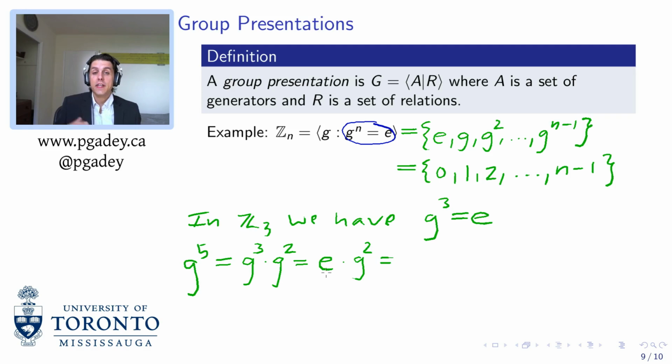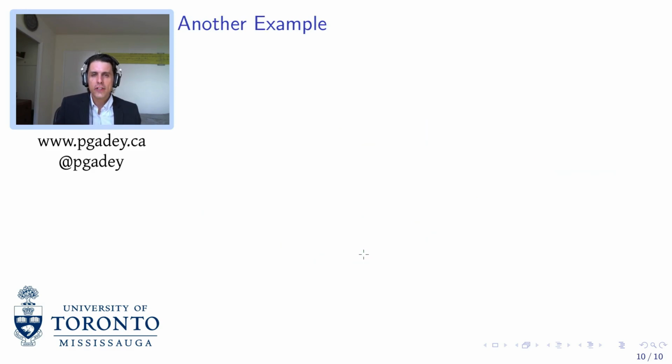The identity times anything gives us the thing back, so we just get G squared here. So using this relationship, we can, in principle, compute any power of G. In that sense, the relationships capture the whole structure of the group by describing how the generators interact with each other. All right, let's look at a geometric example of this phenomenon.